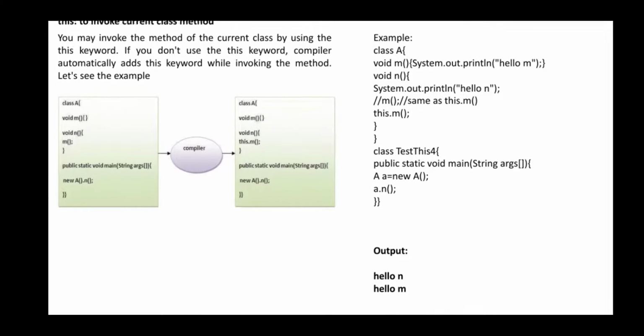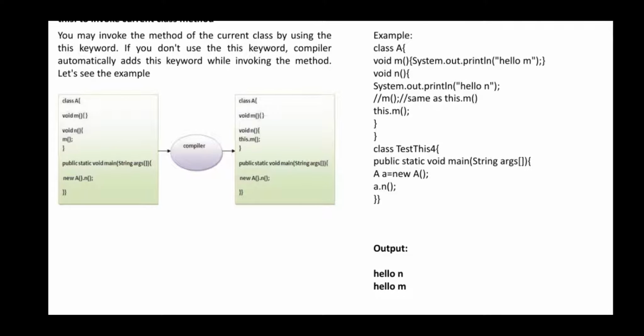This is how we define your m function. n is called but m is not called here, so m is directly executed without any reference or problem, without calling that function within the main method statement.